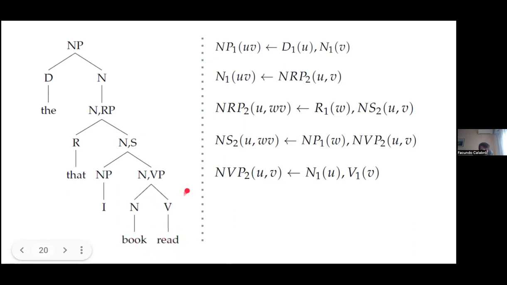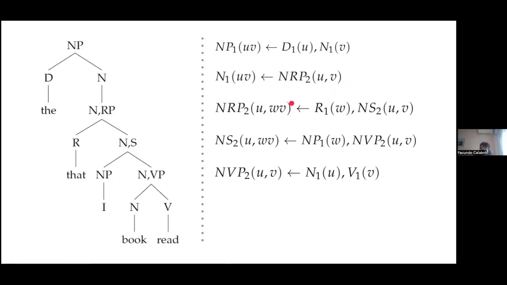Okay, so these 2 rules work in the same way. They stick B and W, and they put apart U, which is the moving constituent or the moving string, until we get here, and they are joined.